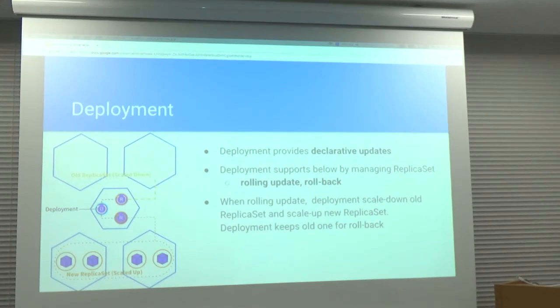Deployment provides declarative update, and supports rolling update and rollback by managing ReplicaSets. When rolling update happens, Deployment scales down the old ReplicaSet and scales up the new ReplicaSet, and then Deployment keeps the old one for rollback.